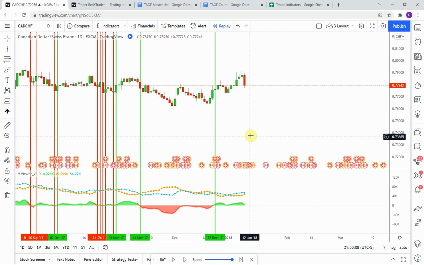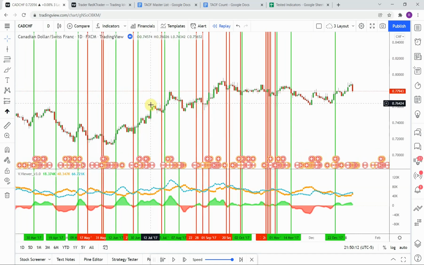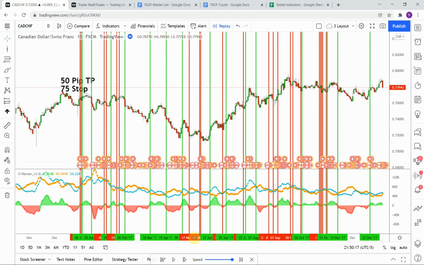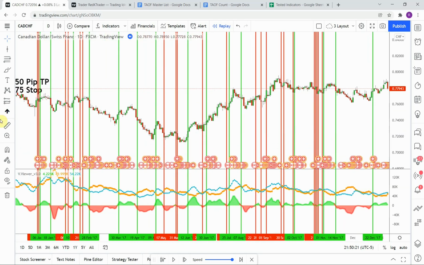All right, so let's go ahead and take a look at our indicator here. Back everything up here. See if we can get this in focus. All right, there we go. Let's go ahead and count these out and see what we get out of it.